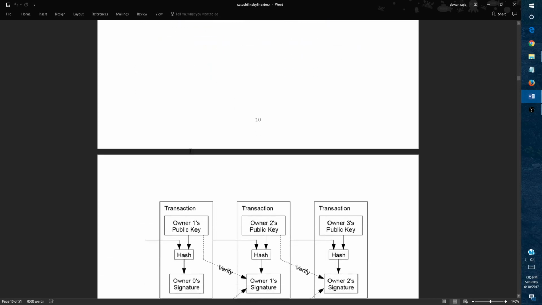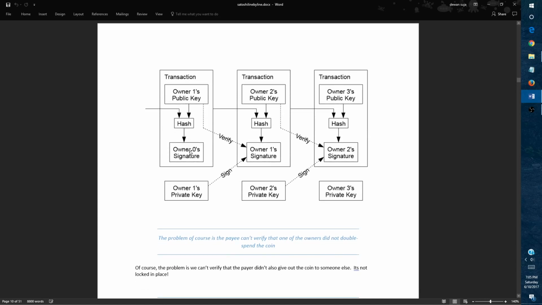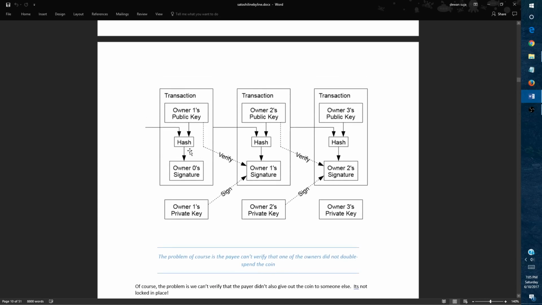So here's a diagram by Satoshi Nakamoto himself, and it looks pretty cool. I'm going to try to explain this and make it as simple as possible for everybody to understand. Let's start with owner number 3. That's his public key, okay? Owner number 2 sent him a coin, let's say.